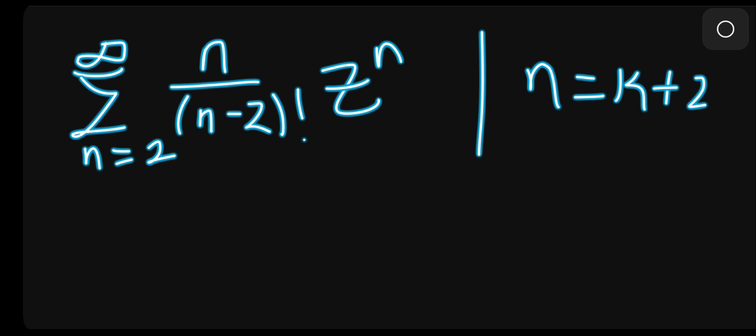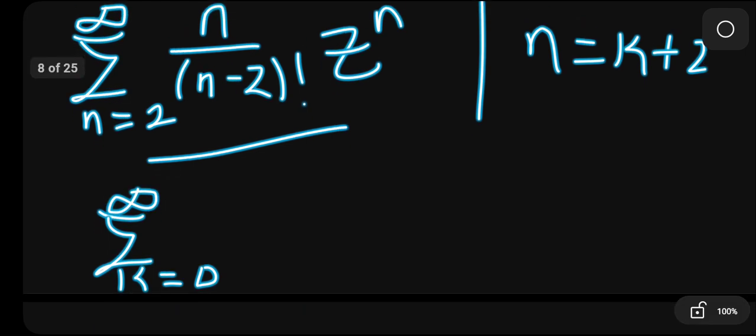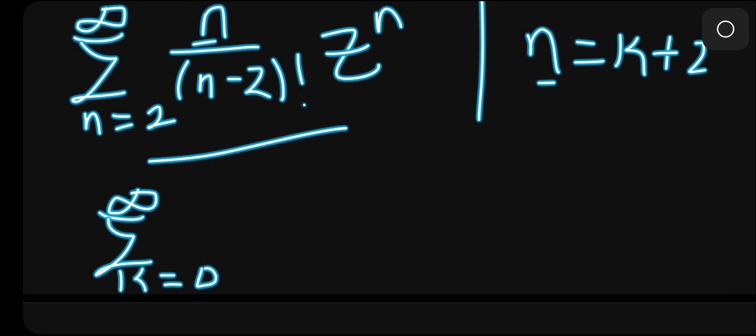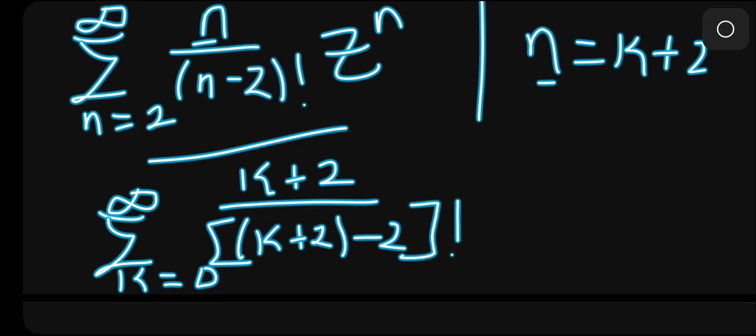So now this becomes k equals 0 all the way to infinite. Wherever we see n, we replace it by k plus 2. So now k plus 2 on k plus 2 minus 2 factorial z power k plus 2.